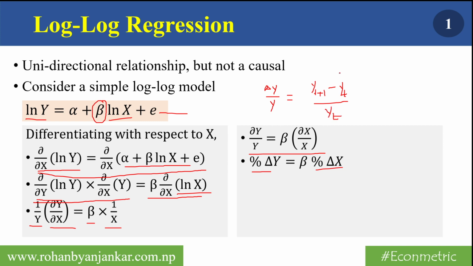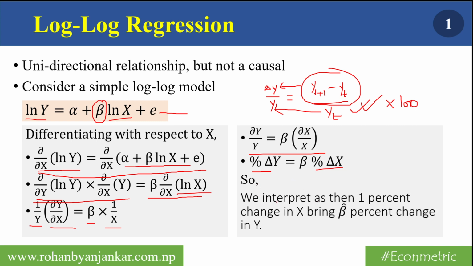Here the change is the change in y(t), and y(t) is simply y. This means it is a growth or change, and if we multiply it by 100, it will be percentage change. So we interpret it as: 1% change in x brings beta percent change in y.